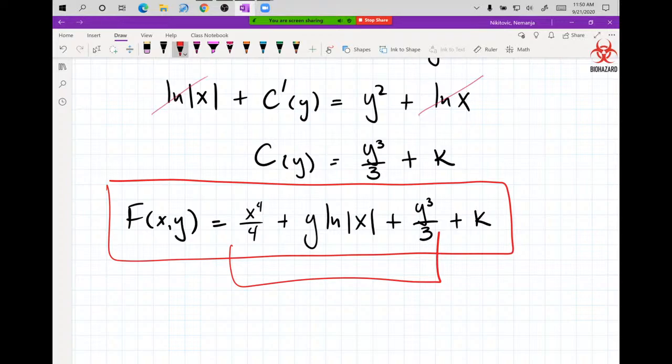Before we hit the break, I have one more example to work out. And I just want to point out something: if you see that the problem can be solved by separation of variables, you should do it.